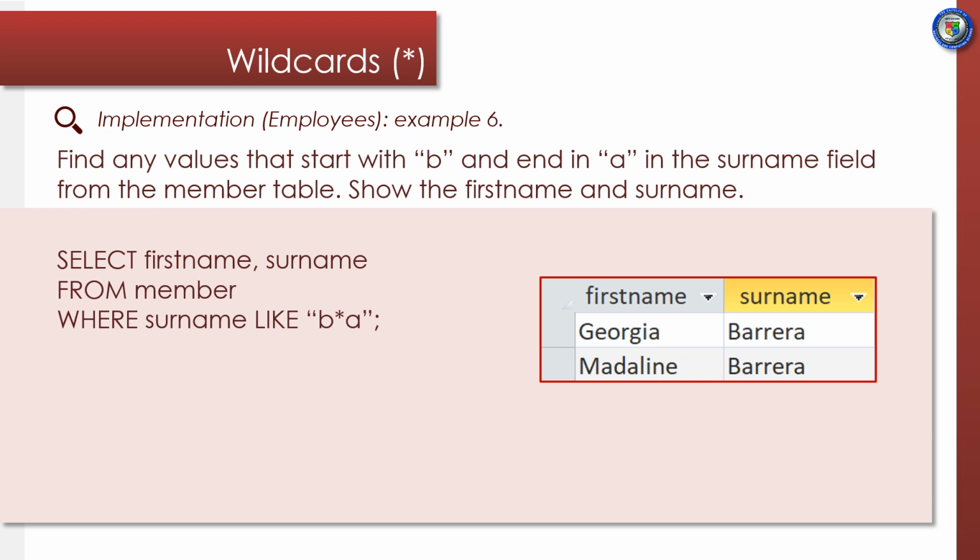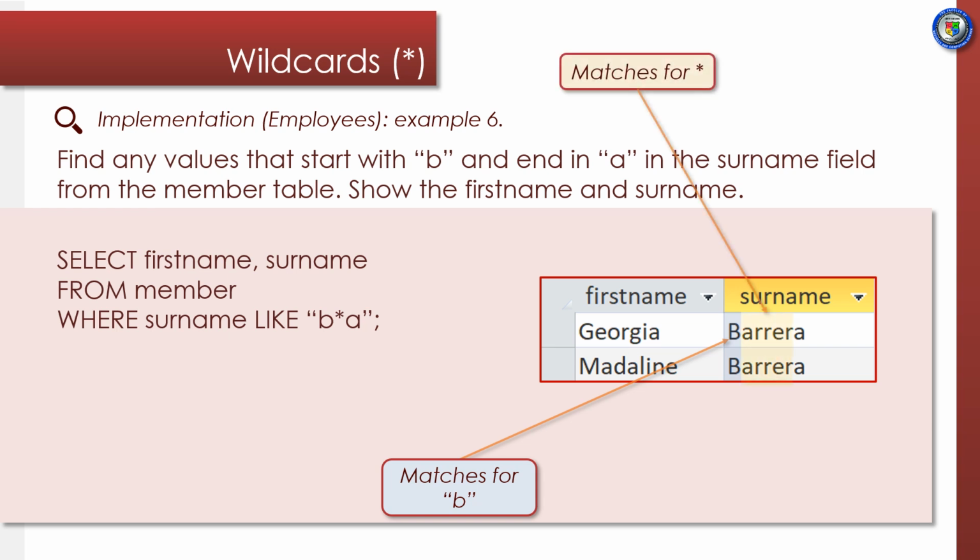This means that our surname must start with the letter B, as we see here. We then have 0, 1 or multiple characters, which are represented using the wildcard asterisk. And finally, our results must end with the letter A, as shown in our matches here.